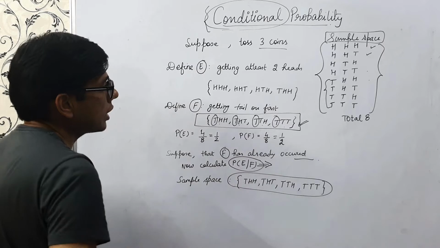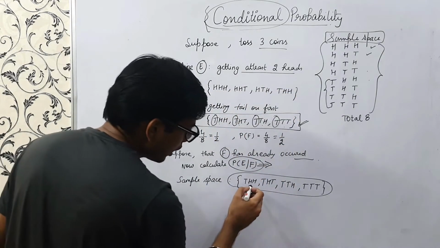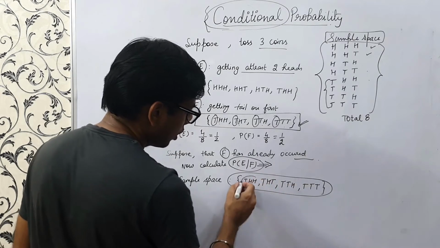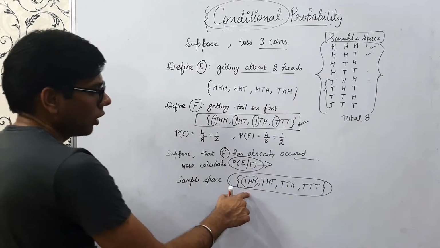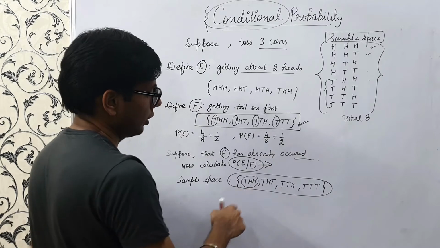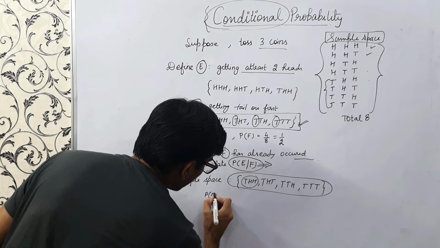What does E say? E says getting at least 2 heads. There is only one outcome, THH, which has 2 heads in this sample space. So what is the probability of E given F?